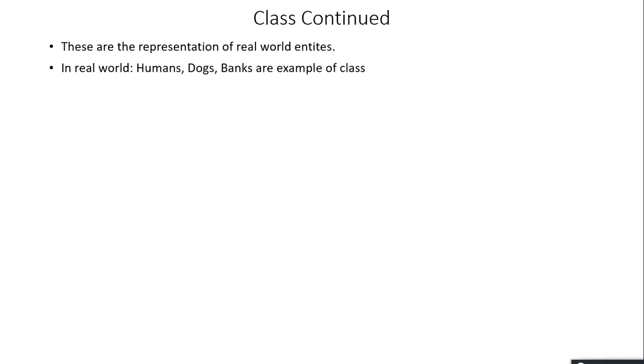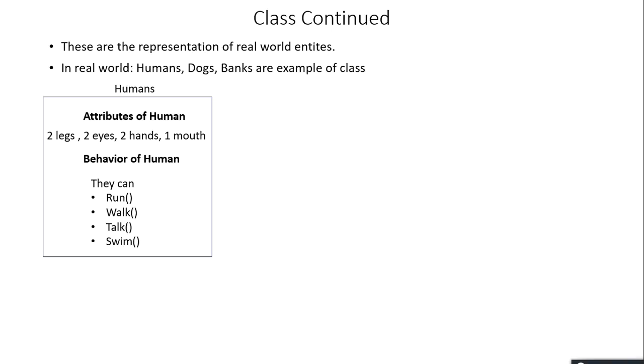In the real world we see a lot of things like dogs, humans, banks, schools, organizations. You can consider them as a class, so that you will find it easier to understand why the classes and objects are deduced. So let's see. Now let's say I talk about human. If you want to think of it as a class and object, human can be treated as a class, and every human has properties like two legs, two eyes, two hands, one mouth.